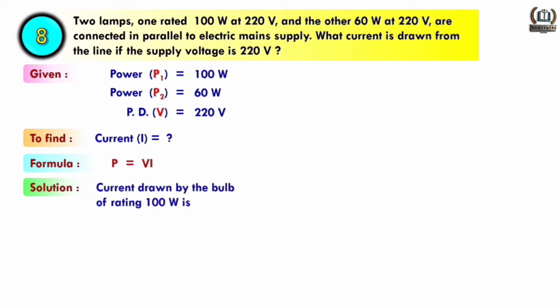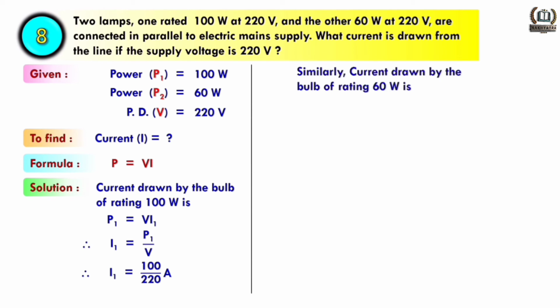Now, the current drawn by the bulb of rating 100 watt, we will mark the power and the current as P1 and I1. Therefore, P1 equal to V into I1. Rearranging, I1 equal to P1 by V. Therefore, I1 equal to 100 by 220 ampere. Similarly, for the bulb of rating 60 watt, we mark the power and current as P2 and I2.